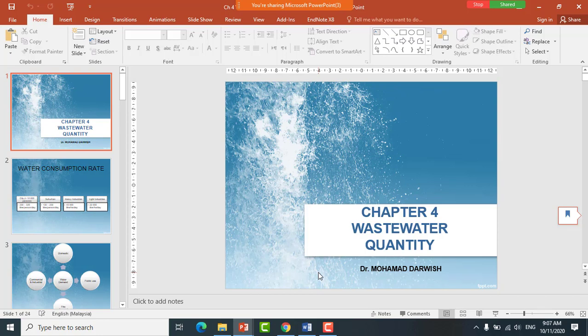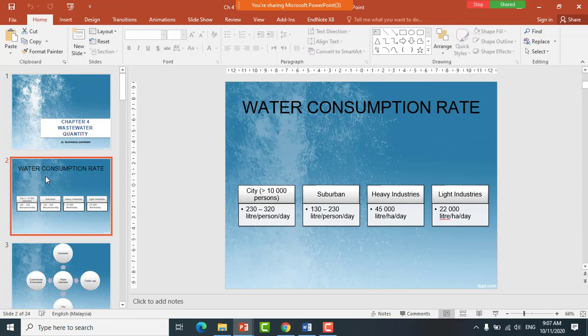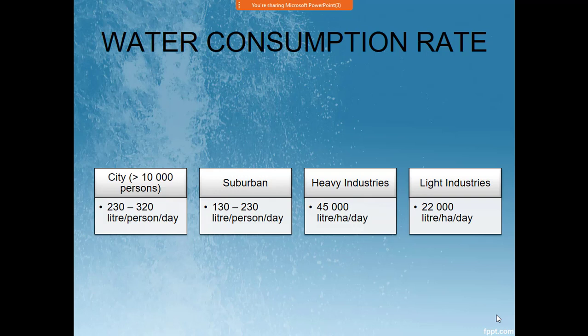This is very important for us to design the wastewater treatment plants, because for small quantities the treatment plant will be small, and for large quantities, of course, the treatment plant will be larger. The water consumption rates are different from area to area, from place to place, from country to country, from city to city.